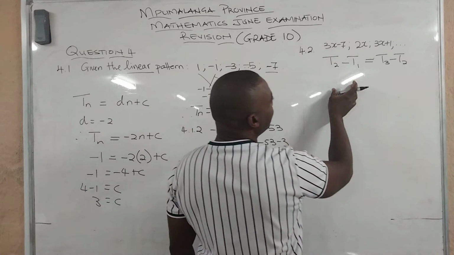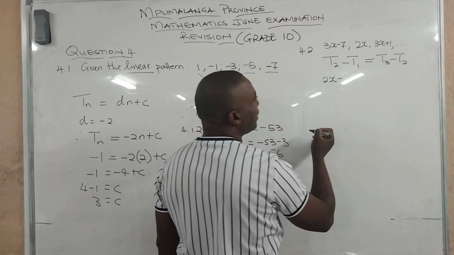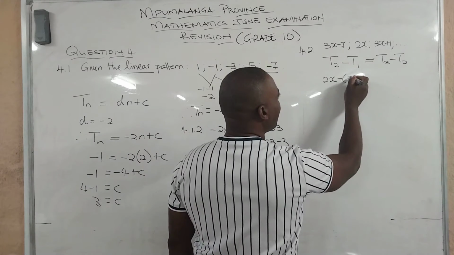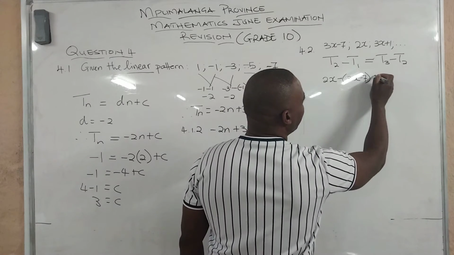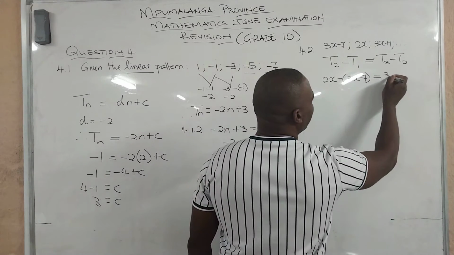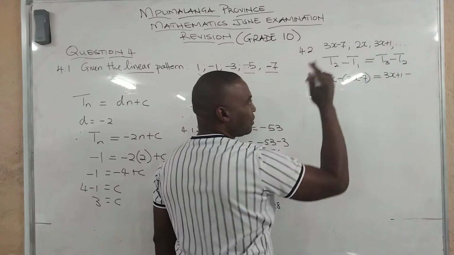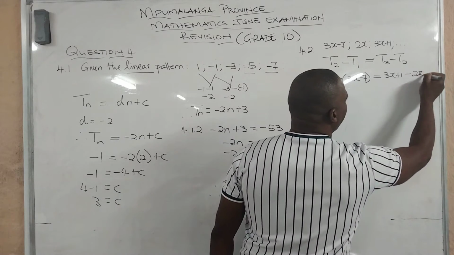Now substituting, T2 is 2x minus T1, which is an expression, so put it in brackets, is equal to T3, 3x plus 1, minus, it's just one term, you may put brackets or not, there will be no difference.